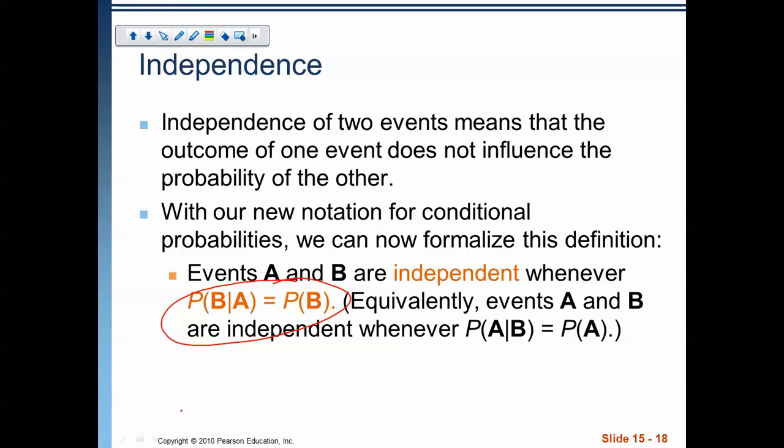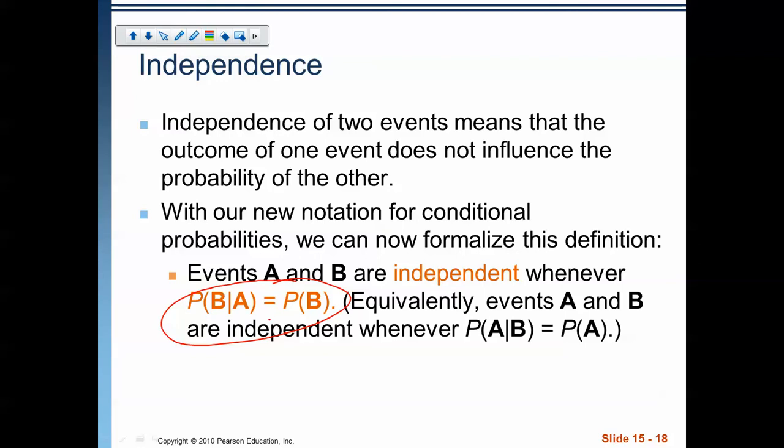So let's just read that notation in English, okay? The probability of event B, given that A has occurred, is the same as the probability of B. So notice what we're saying here is that if I know that event A has happened, what's the probability of event B?